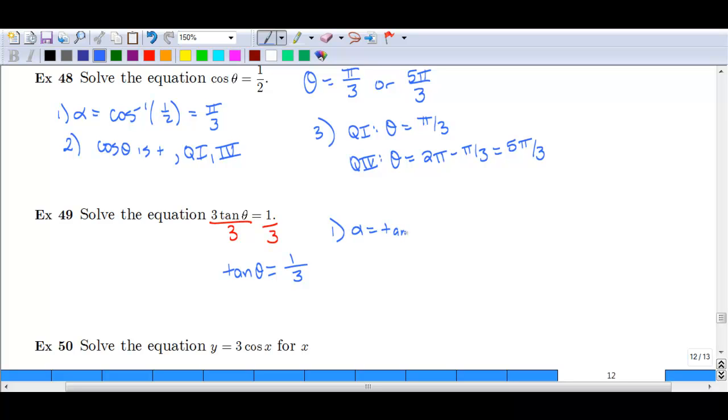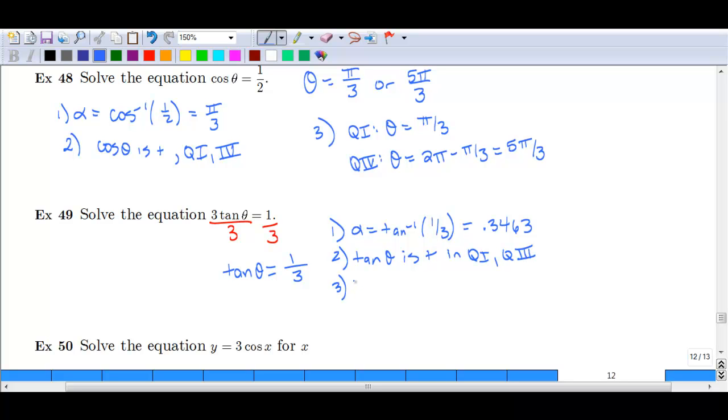So tan inverse of 1/3 is 0.3463. Second step is to say that tangent of theta is positive. Again, we had a positive ratio here in quadrants 1 and 3.